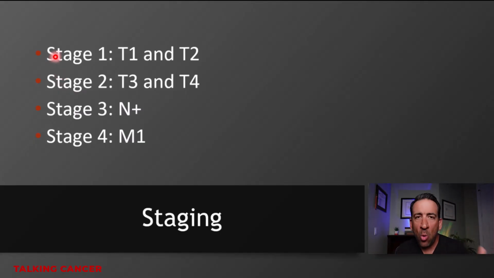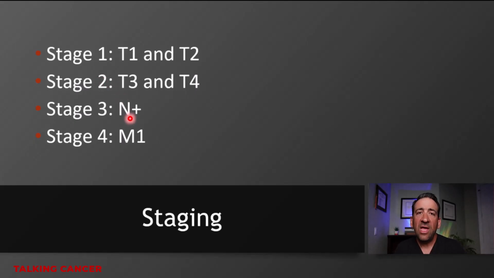So for stage 1, which is the earliest form of colon cancer, you have to be either a T1 or a T2 with negative lymph nodes. So T1 or T2, N0, you're a stage 1. Now, if you are a T3 or a T4 with negative lymph nodes, you're a stage 2 colon cancer.